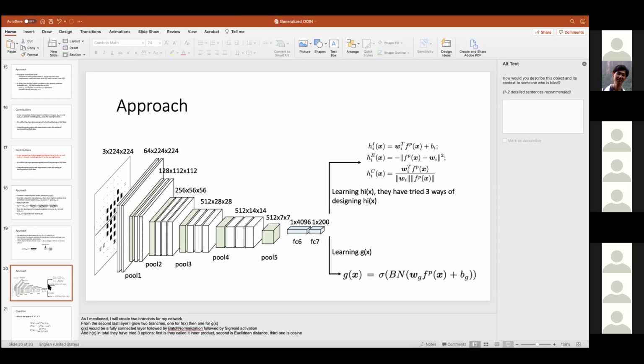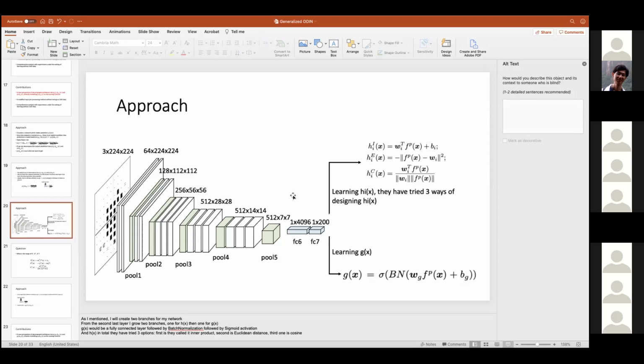So they will control gx to be between 0 and 1, right? And for hx, they have three ways of designing hx, which I don't really understand why they design this way. But it seems that hx cannot guarantee it will be normalized into 0 and 1, right?